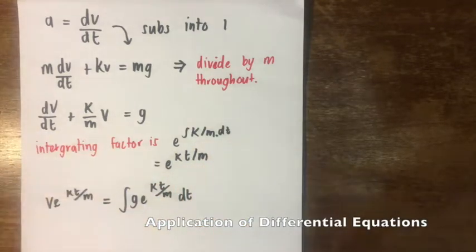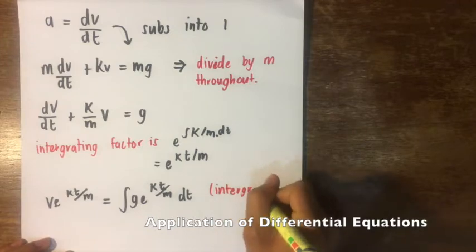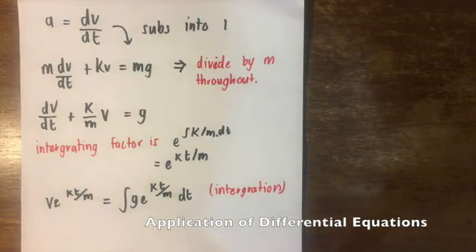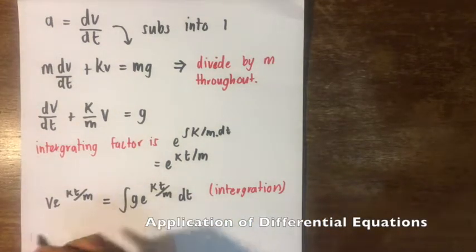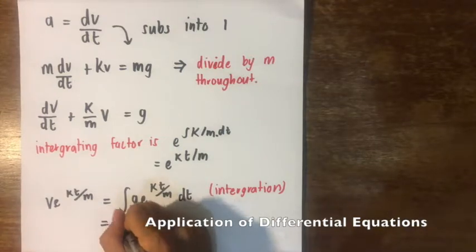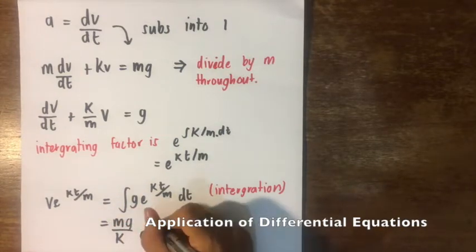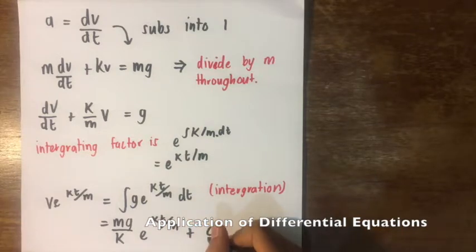This is done by integration. We then divide by e to the power of kt divided by m on both sides.